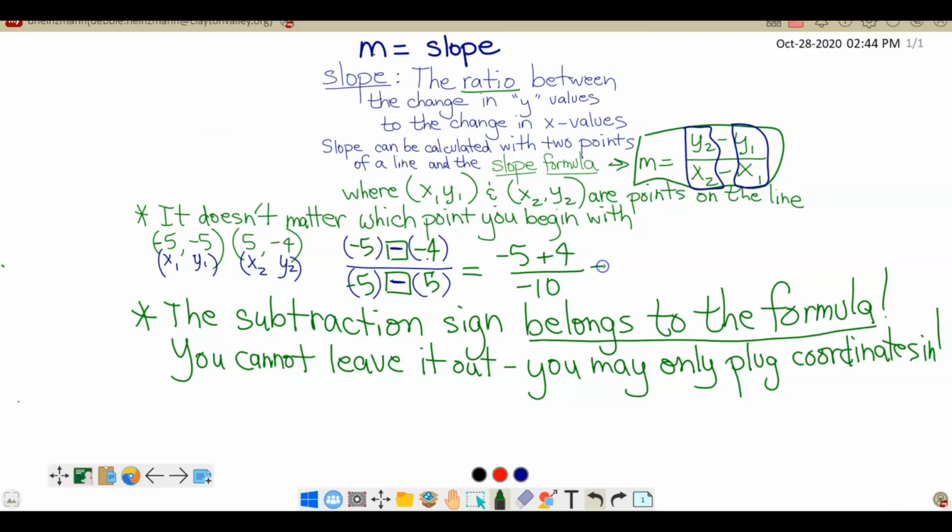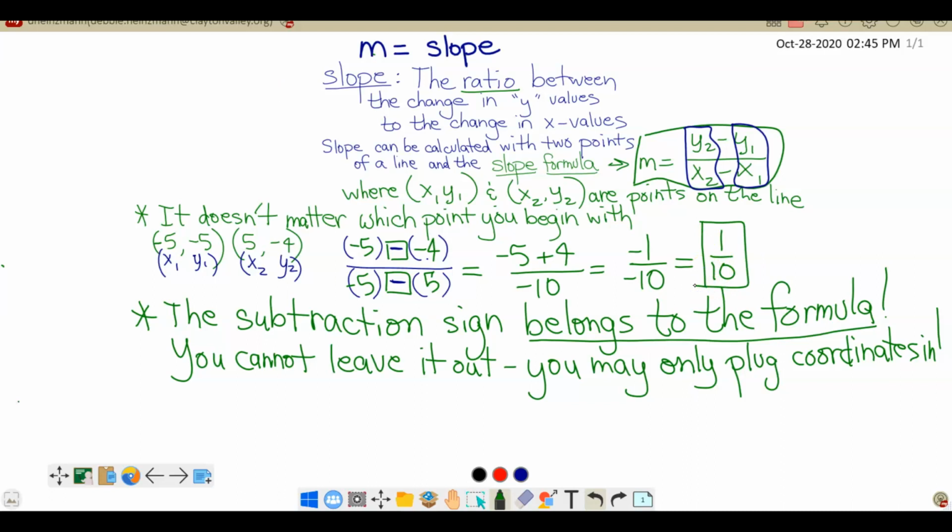Okay, so let's go ahead and finish simplifying. -5 plus 4 equals -1, divided by -10. One last thing I need you to know is that when you have a negative divided by a negative, this actually is positive. So this slope is actually 1/10.